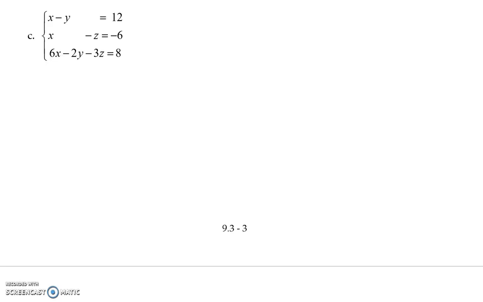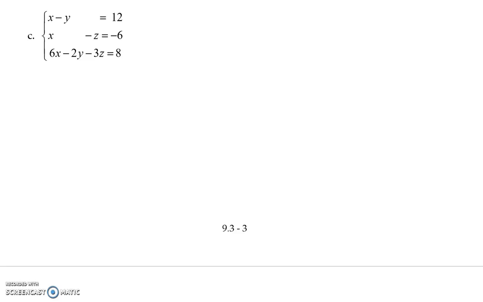So now if we look at example 6c, we have another system of 3 equations and 3 variables. The left-hand sides of the 3 equations are identical to that of example 6b.